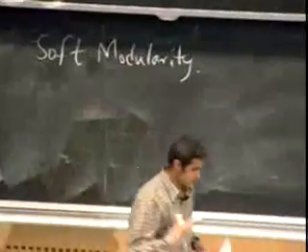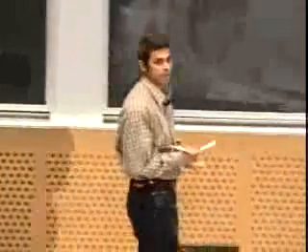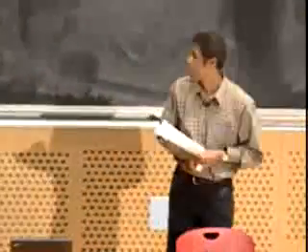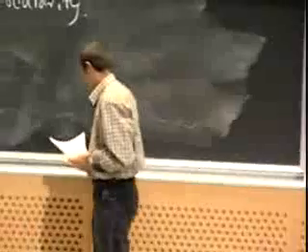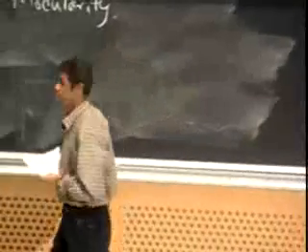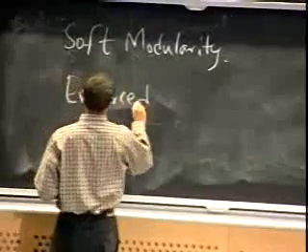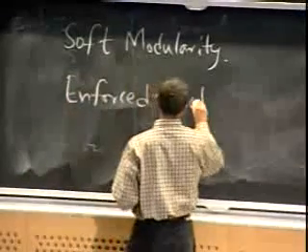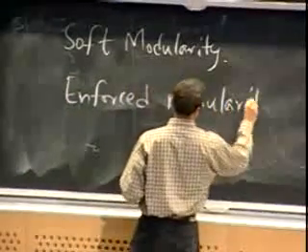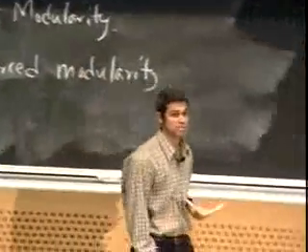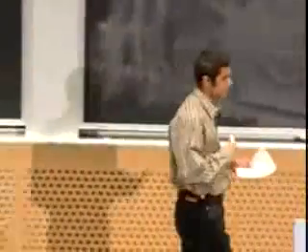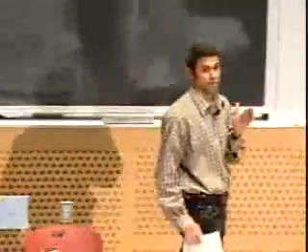And once we finish our story with regard to soft modularity and understand exactly what this means, we're going to start talking about a different kind of modularity called enforced modularity. And enforced modularity is going to take us through 3 lectures: today and the next 2 lectures next week.